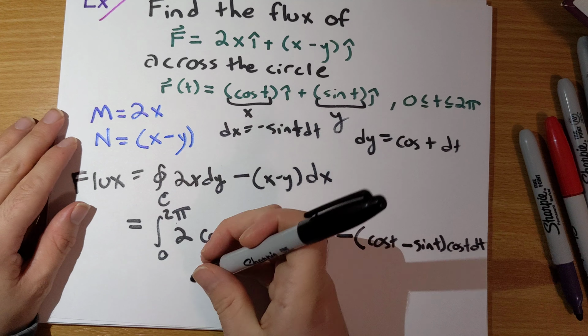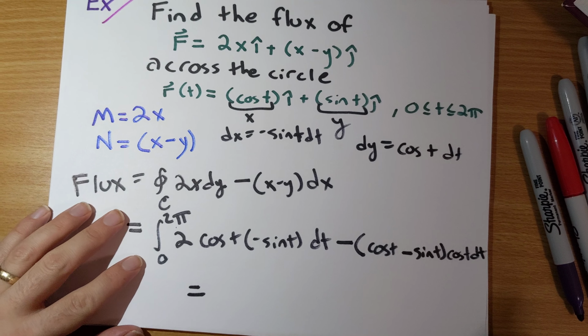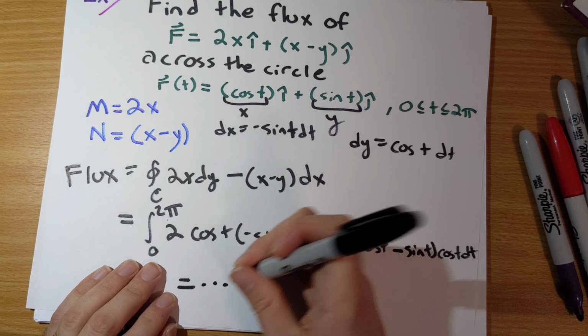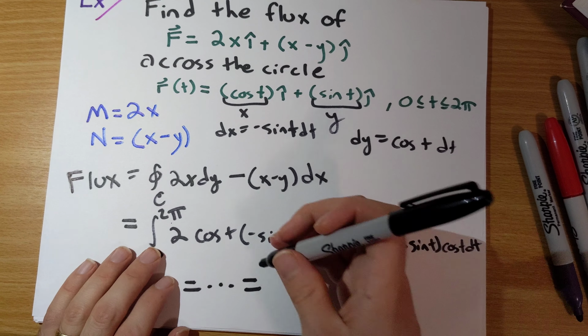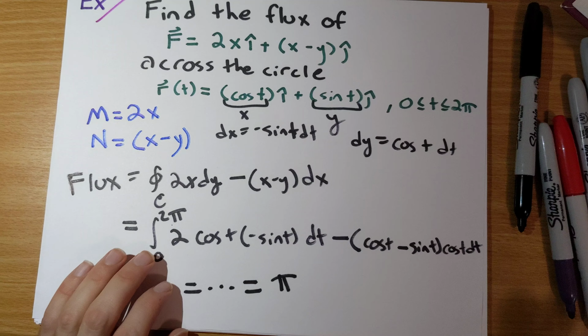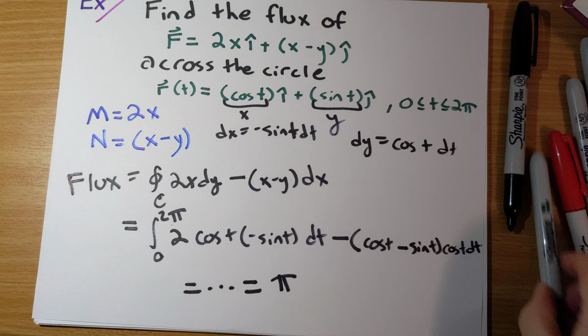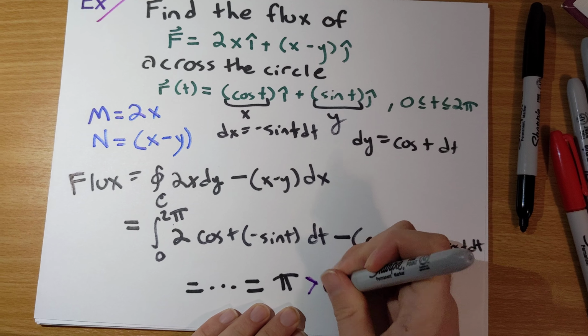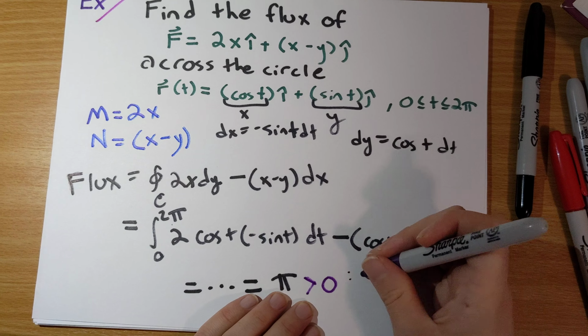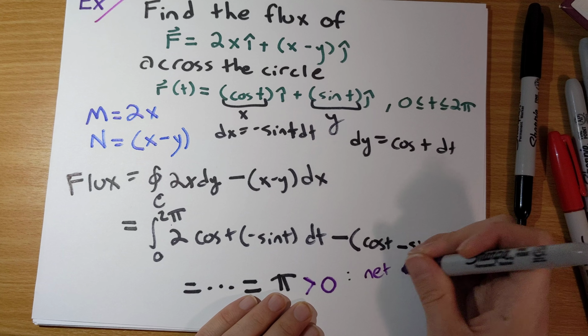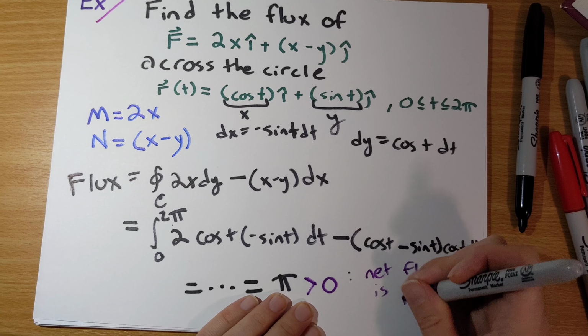And so this is a relatively straightforward trigonometric integral. I'm going to skip the details. And so you end up with pi. So pi is positive, which means the net flux is outward.